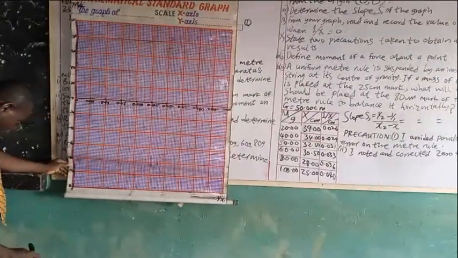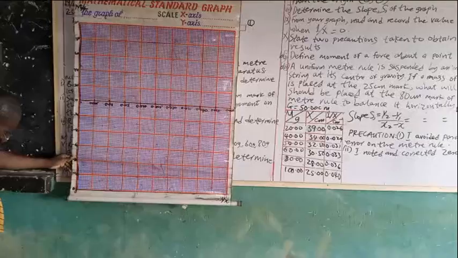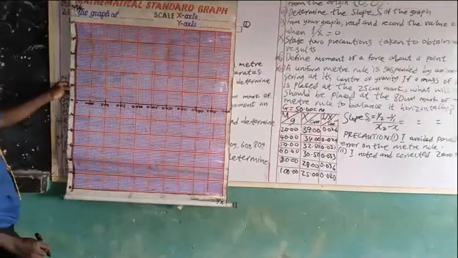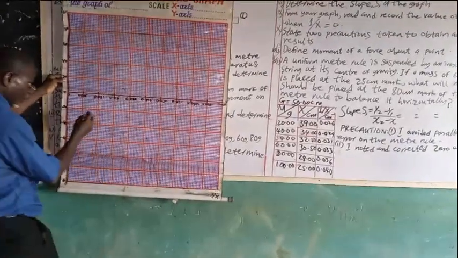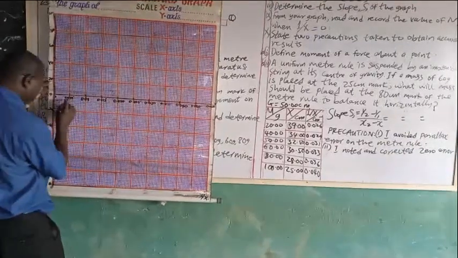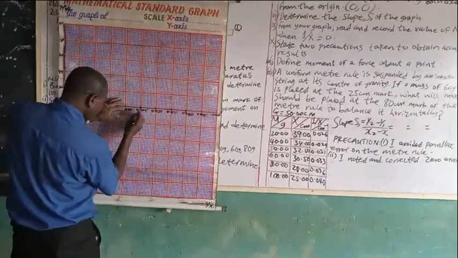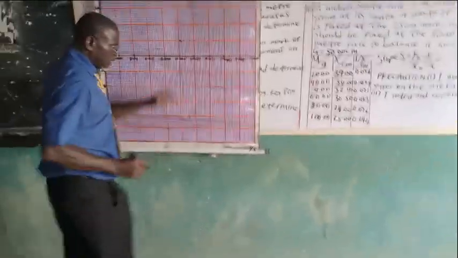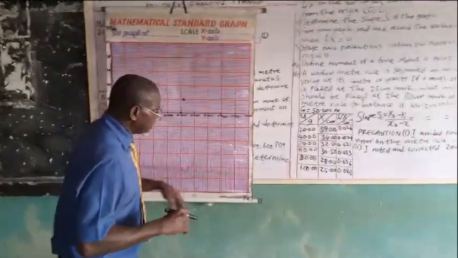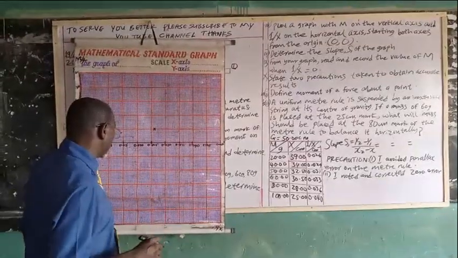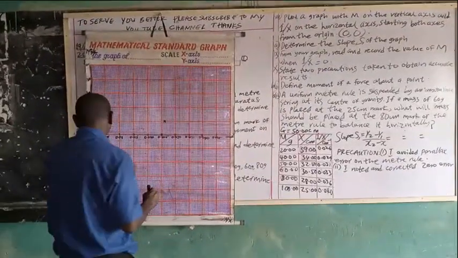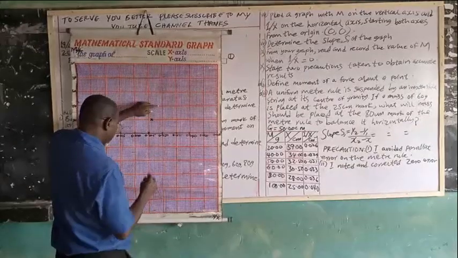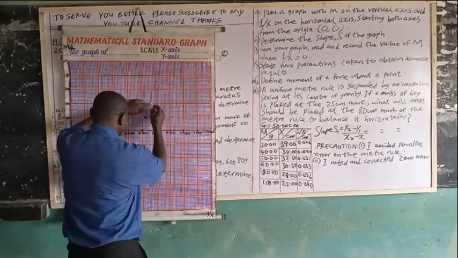This is 20. This is 0.020, 0.025, 0.026 will be A. The next one is 40 against 0.029. This is 40. This is 0.029 here.